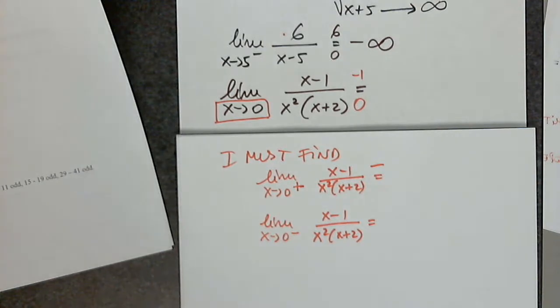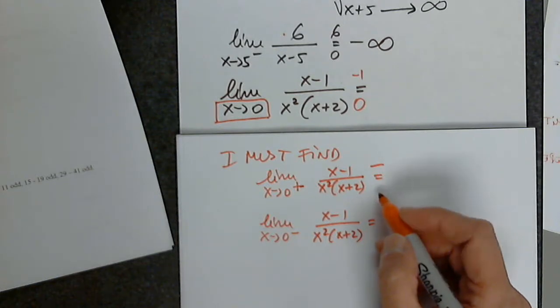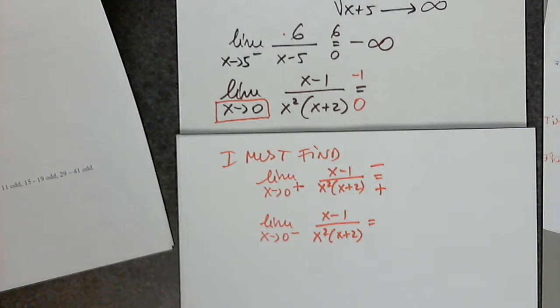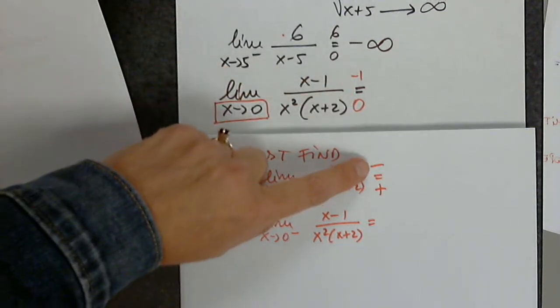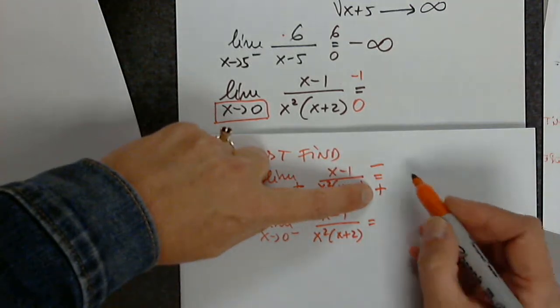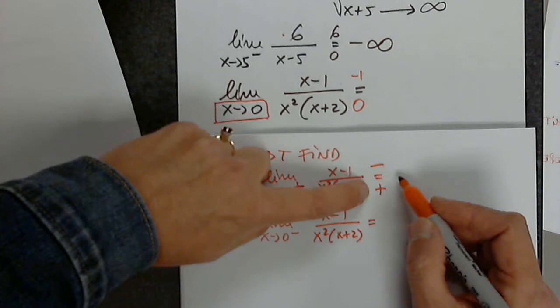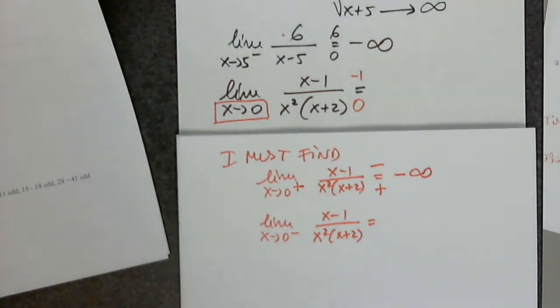The sign of the bottom, how much? Positive. So I know that the situation is negative 1 over 0. So negative divided by positive will be what sign? Oh, negative. So the answer is negative infinity.